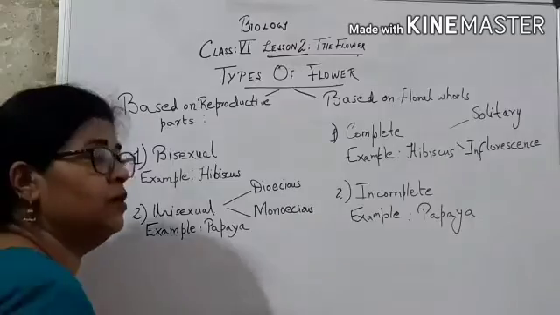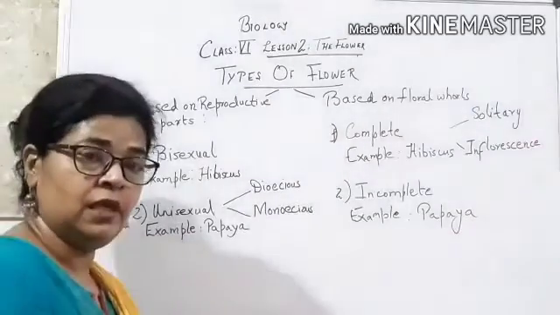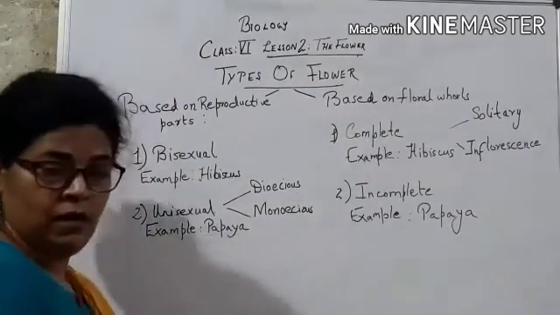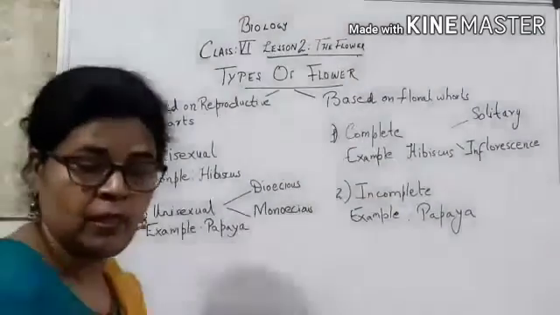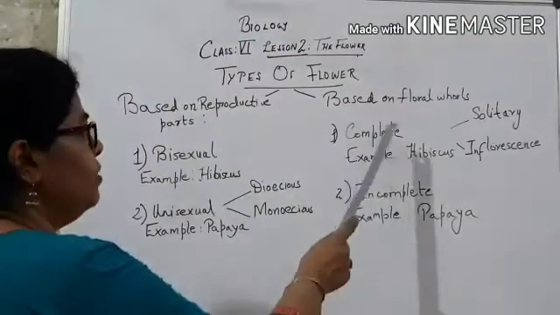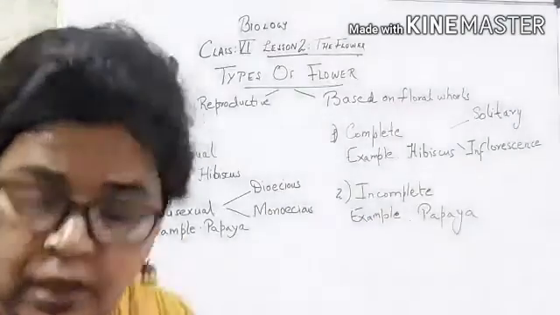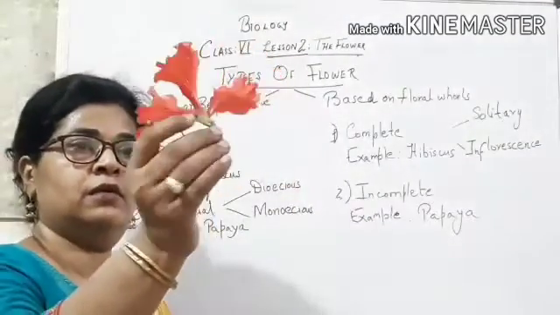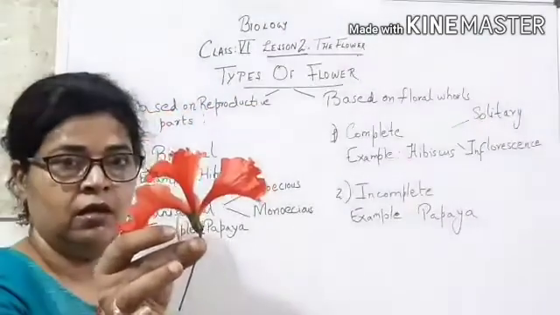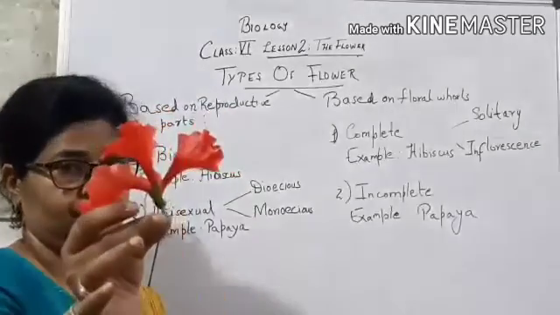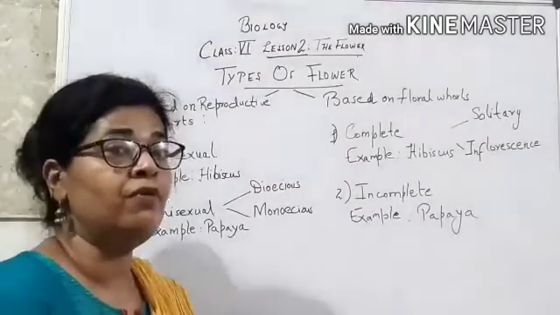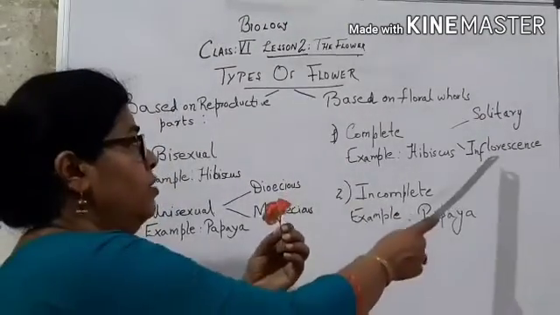But if any of the whorls is missing in a flower, then such a flower is called an incomplete flower, like the papaya and the bottle gourd flower.